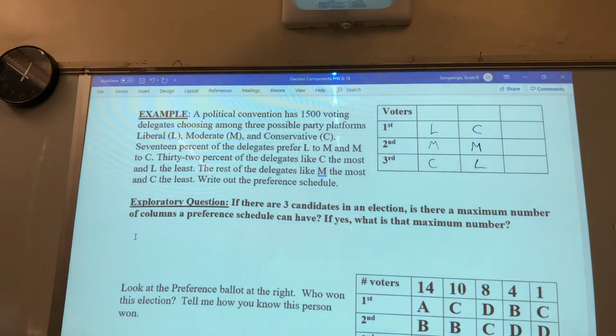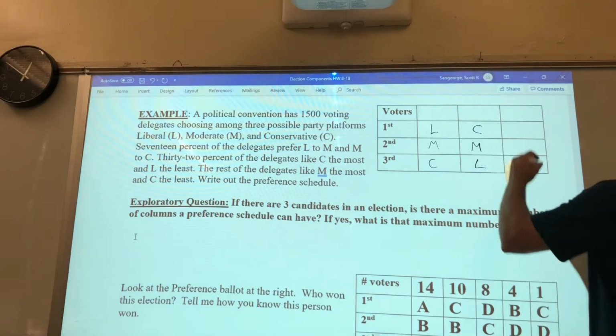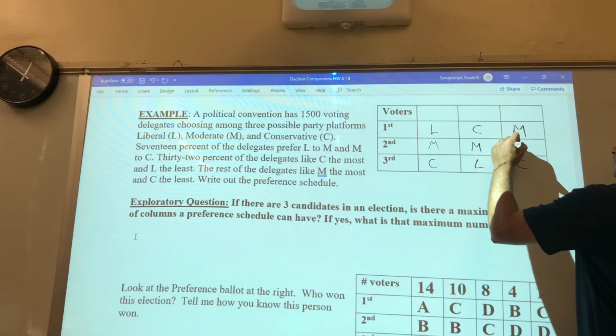The rest like M the most and C the least.